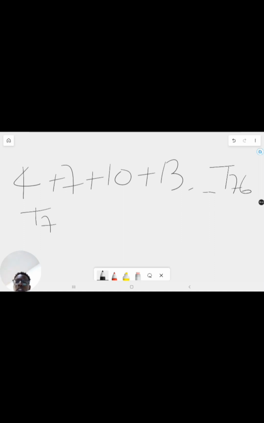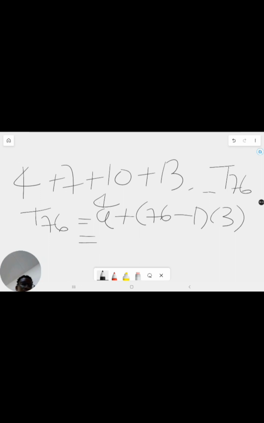So term 76 is equal to A, which is 4, plus 76 minus 1, times 3. This is an equation from the first video. I'm just substituting things now, doing it quickly because I want to show you something with a different equation. So A is 4. We know that 76 minus 1 is 75, and 75 times 3 is 225.